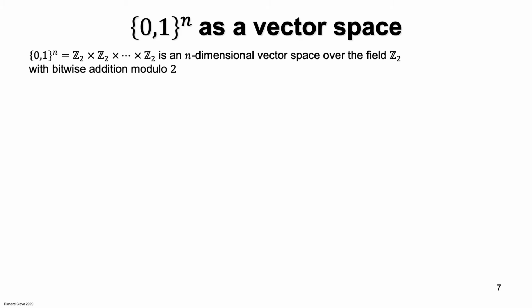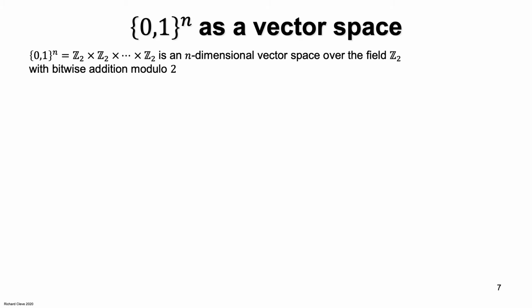This is different from a vector space over the real numbers or over the complex numbers, but the set 0, 1 with addition and multiplication modulo 2, which is often denoted as Z with subscript 2, is a field, meaning that it shares some of the key structural properties that the real and complex numbers have.